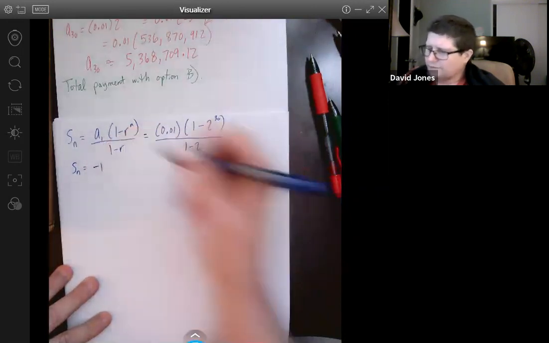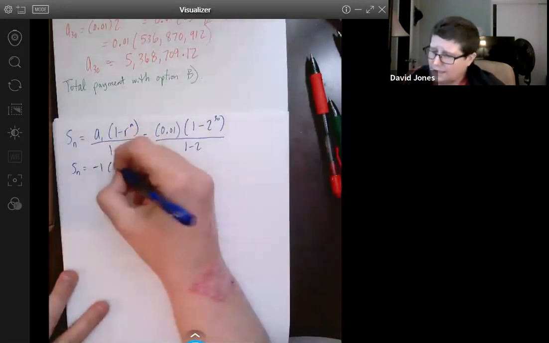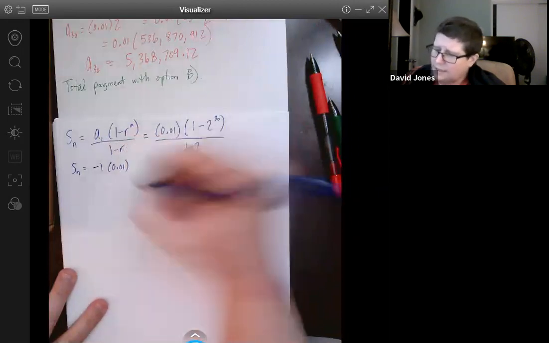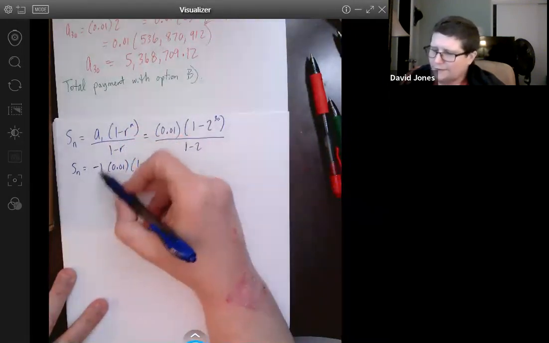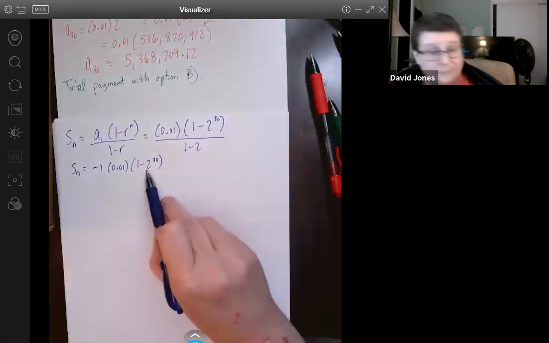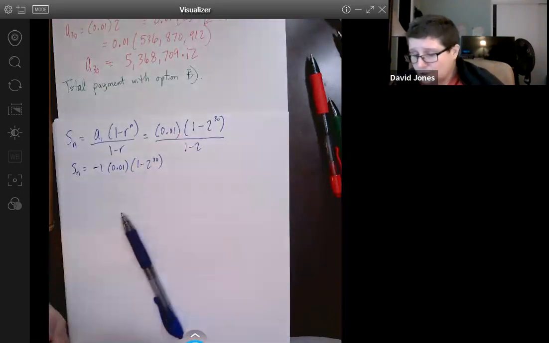I can just put that out in front. Negative 1 on bottom is the same as negative 1 on top. Negative 1 times 0.01 times 1 minus 2 to the 30th. The negative 1 is throwing me off a little bit, but notice this is going to be negative and it's going to end up being positive. So what's 2 to the 30th power? And I'll do 1 minus that.